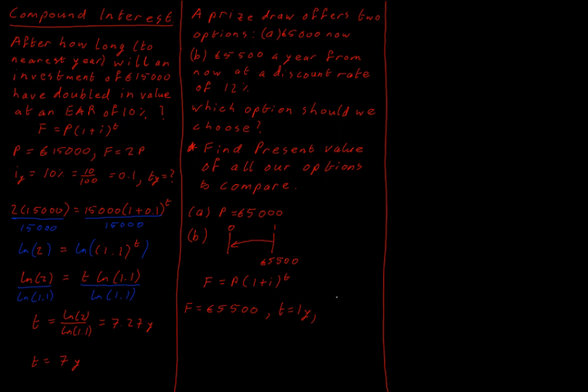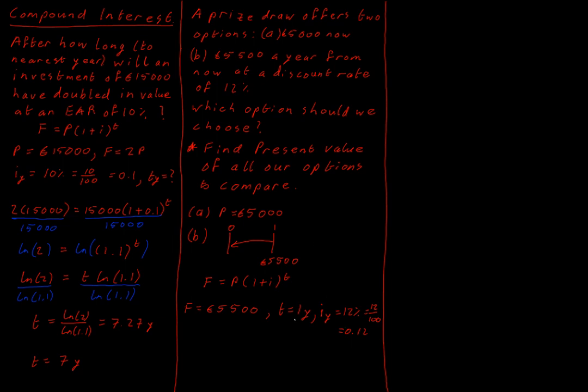And my yearly interest rate is going to be my discount rate, which is 12%, which is 12 over 100, is 0.12. Always divide by the 100 on your calculator. It's extremely important for your exam success.